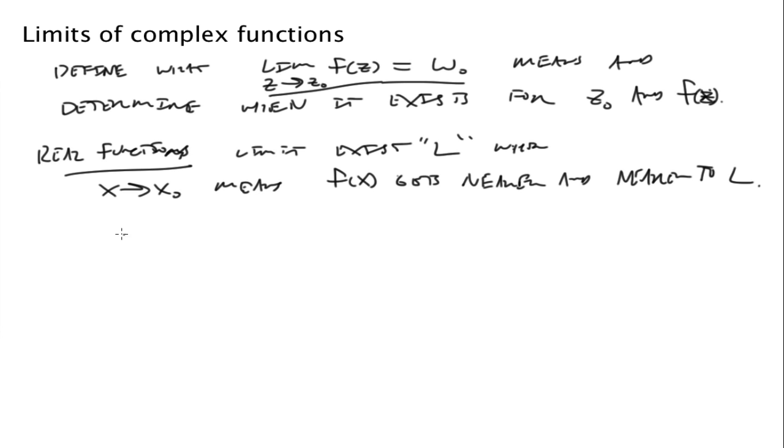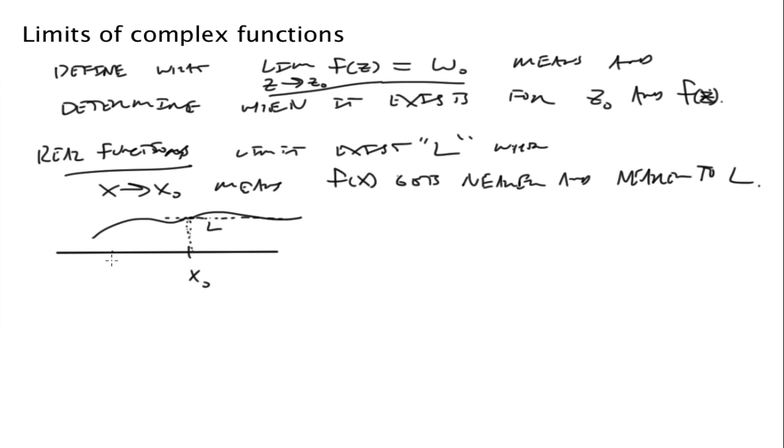So the idea here is that you have, on the real axis, some value x naught, and you have some function that may or may not be defined at x naught, but the idea is that if a limit exists, it'll be equal to L, like that.